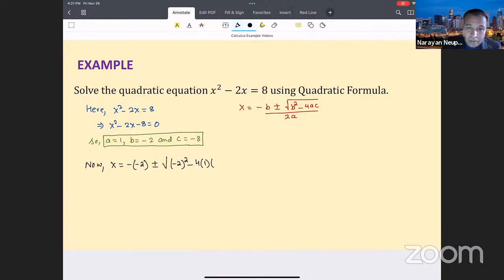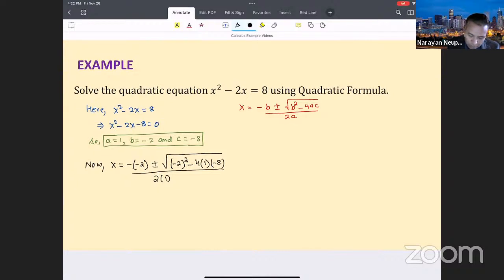So here we are plugging in 4ac. And we have to divide all these on the right hand side by 2a. 2 times the value of a is again 1. So now we need to simplify this expression to get the values of x.